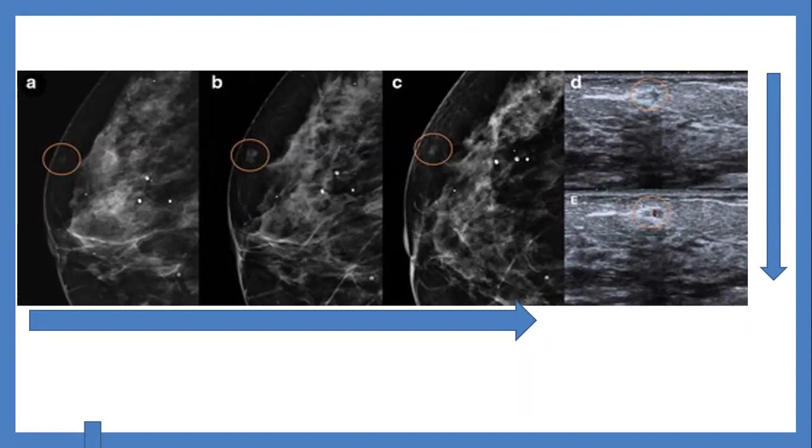The lymph node on D has an irregular shape with thickened cortex, an inhomogeneous fatty hilum, and it's eccentric.